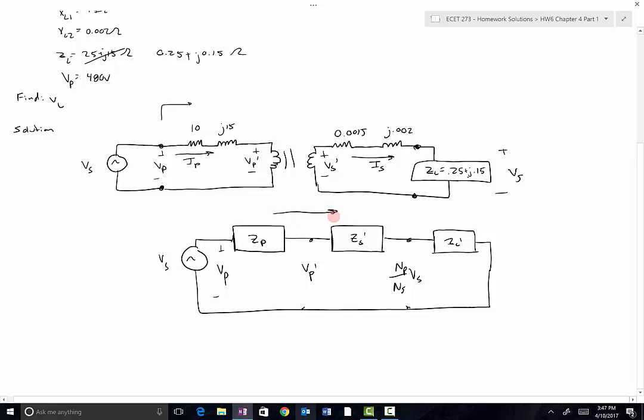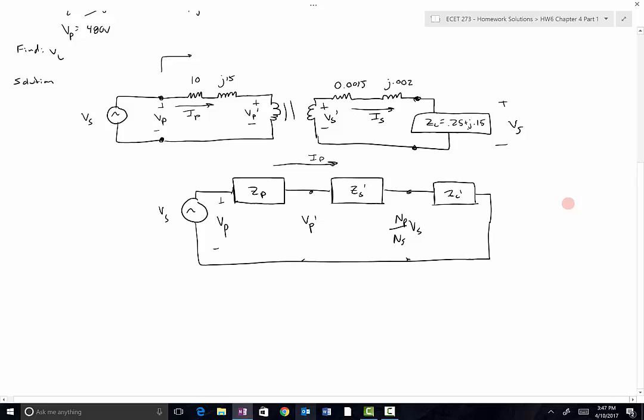Since these are in series, that is still the primary current right there. So I just got to calculate what these values are. ZS prime is going to be equal to ZS times NP over NS squared. It's an impedance, so we multiply by the square of the turns ratio. Turns ratio in this problem was 100, so we get 0.0015 for R1, 0.0015 for R2, excuse me, plus J 0.002.